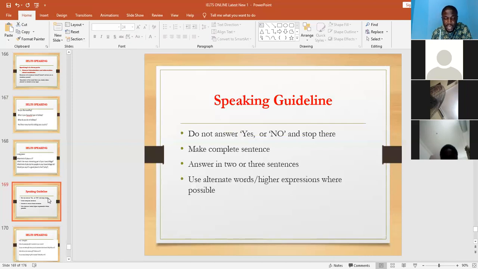I said make a complete sentence, because if you say yes, you have not made a complete sentence. Or if asked, do you work or study, you now say, I work. It's not a complete sentence. So you need to make a complete sentence when you are asked a question. Those are the things you need to consider.